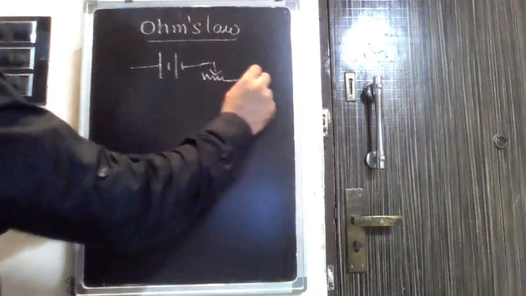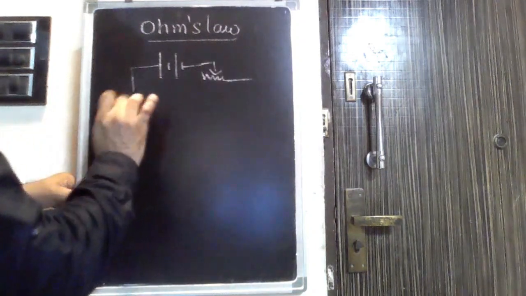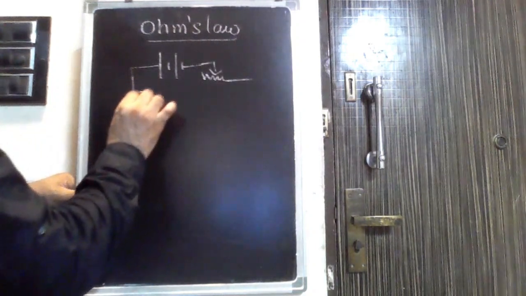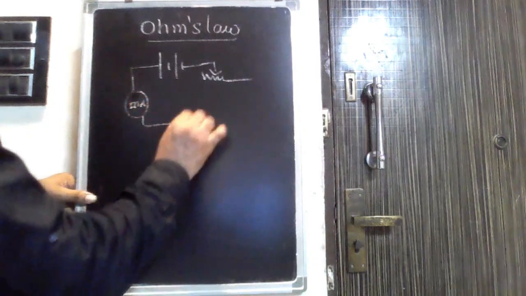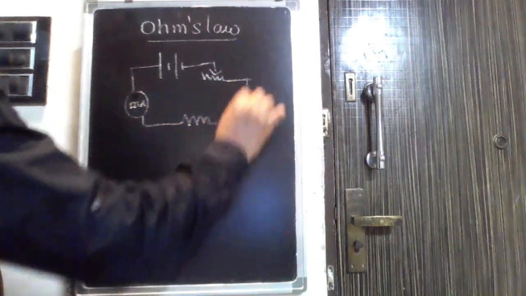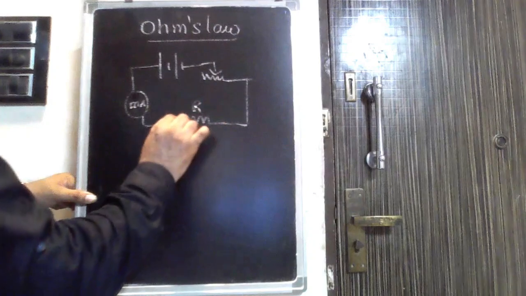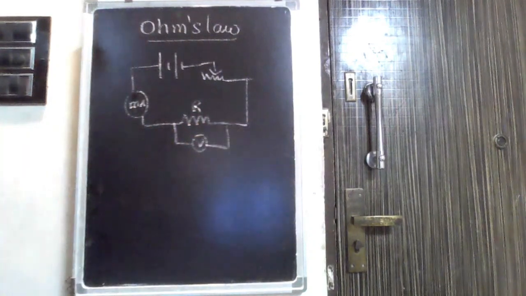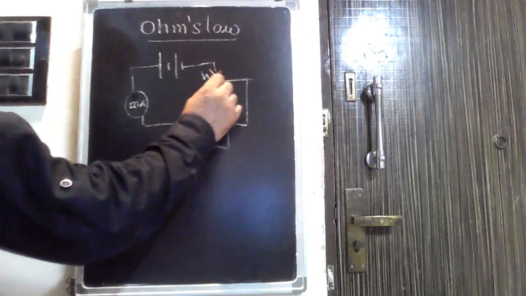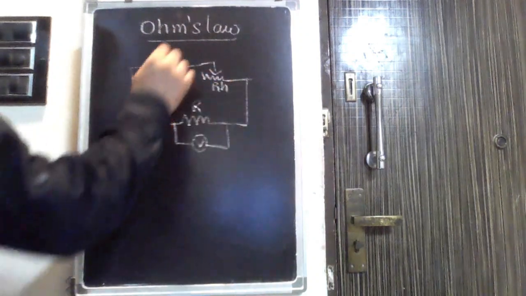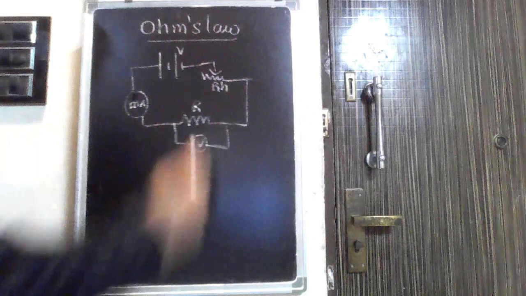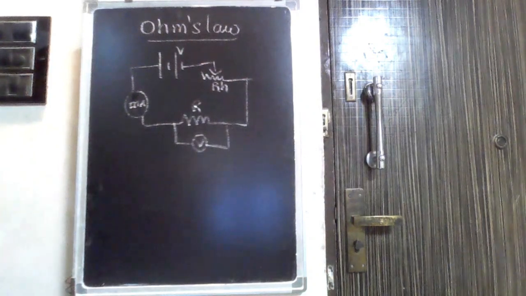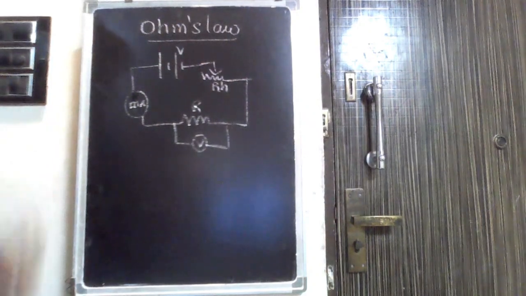So we have a rheostat, we have an ammeter, and we have a resistor. To measure the voltage, we have a voltmeter. So this is a circuit of Ohm's law, and the rheostat is used to control the flow of current.